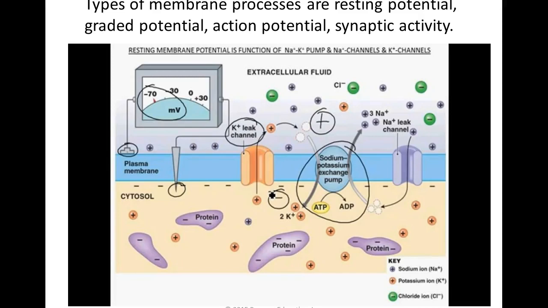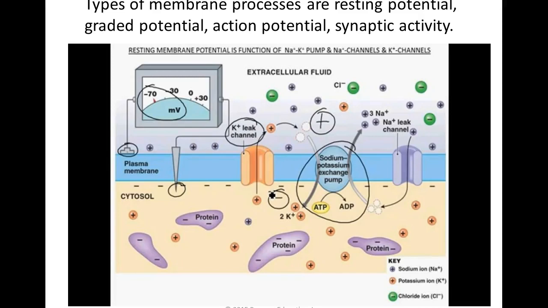I pulled this image up because it had multiple bits of information. But what I'm going to talk about now are topics, defining terms, and then we're going to try to pull it all together to explain how that impulse traverses along the axon.